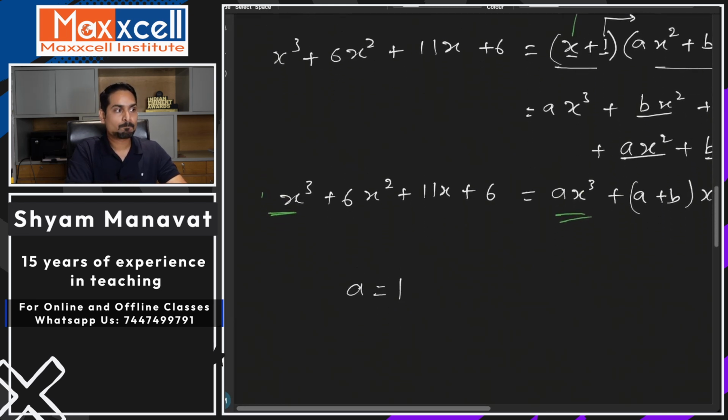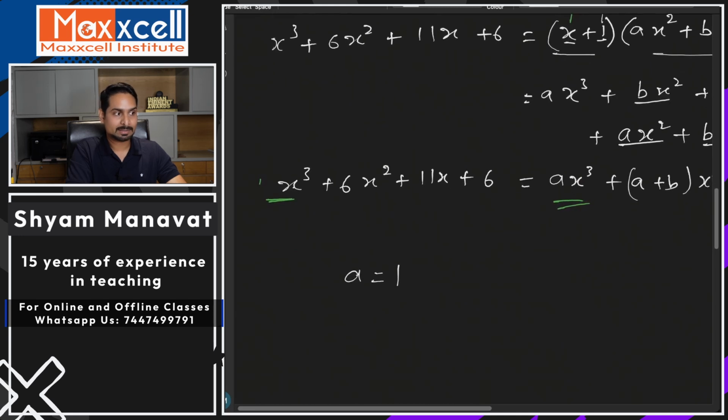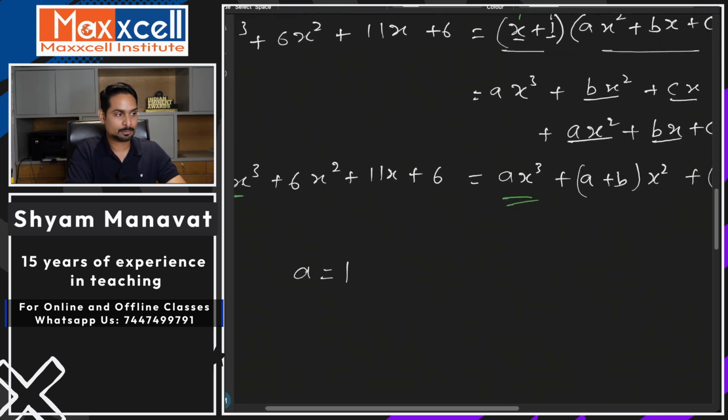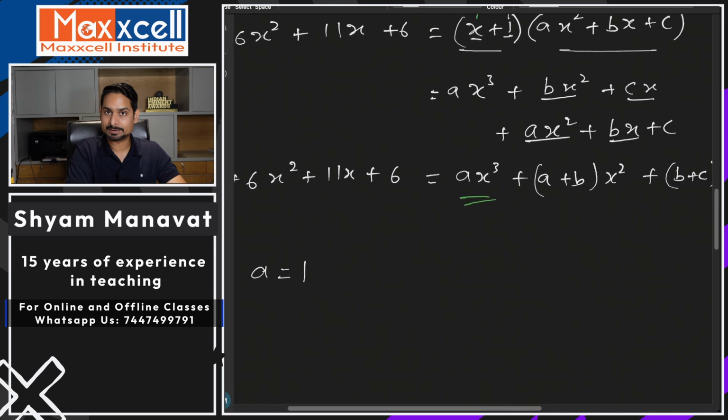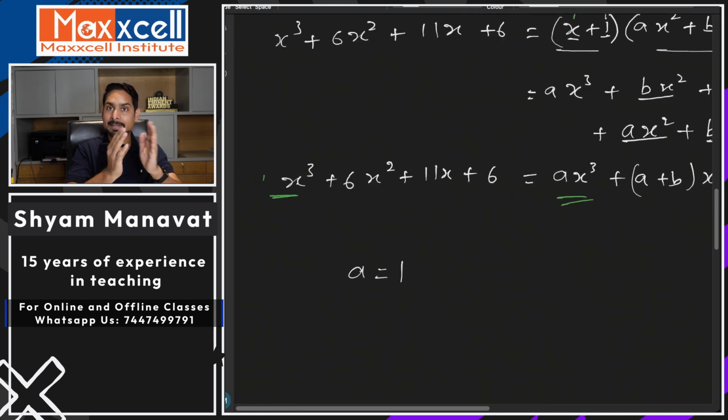Open the bracket, take the same powers together, take x common and keep only the coefficient. Now you compare the coefficients of the same power on the left hand side and right hand side. So this is how you get ax cube and here 1x cube, so a equals 1. The coefficients have to be equal because both sides are equal, right?